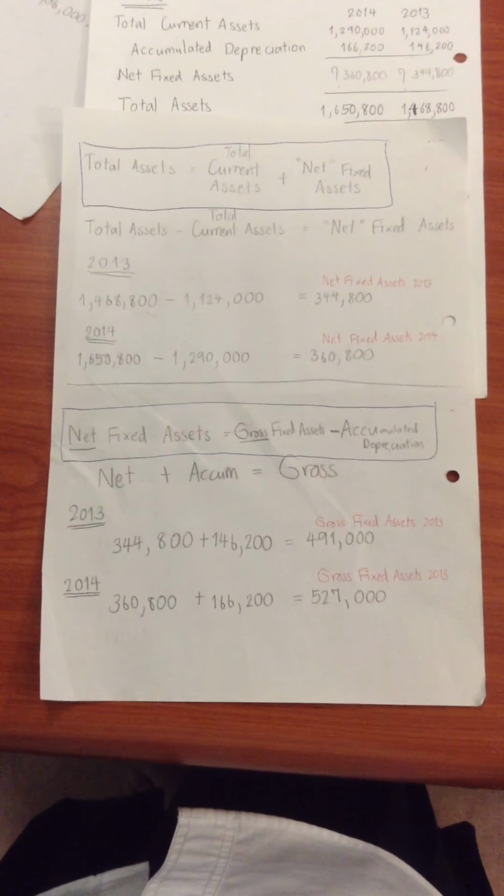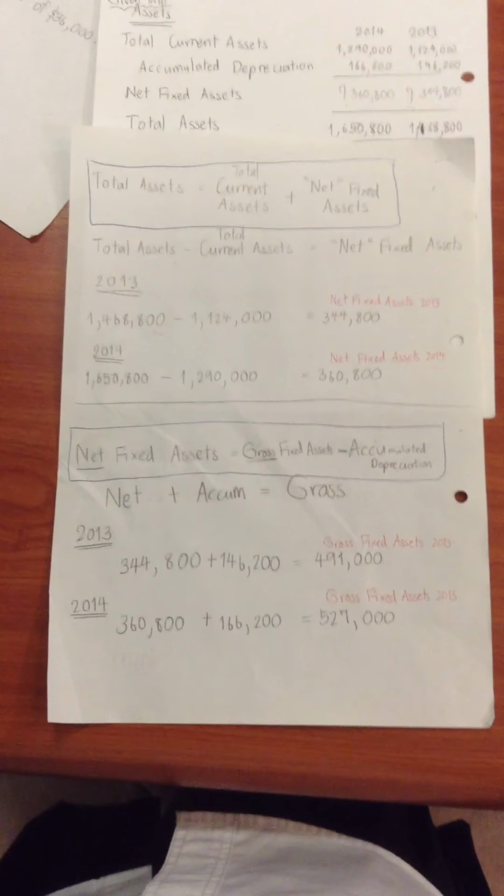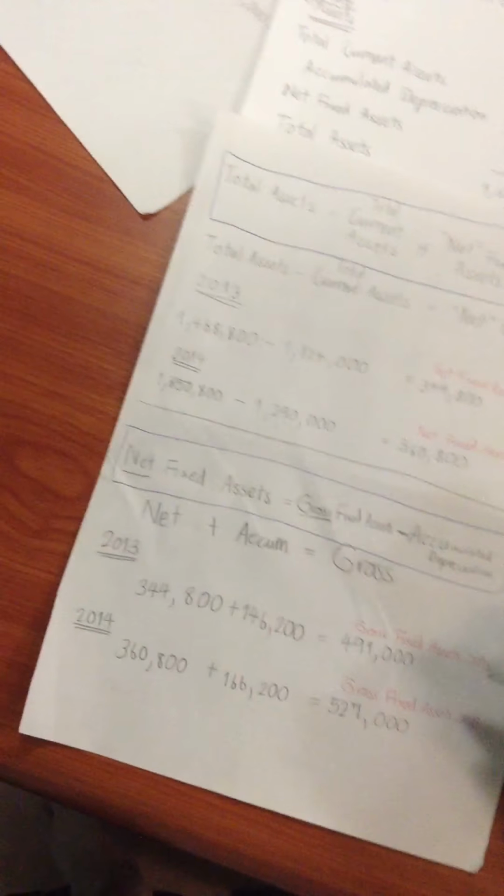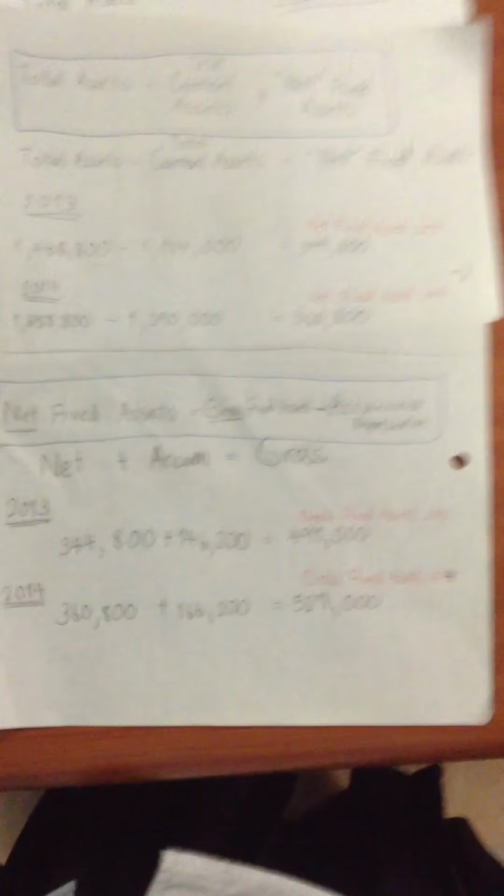And the gross fixed assets for 2013 and 14. Oh, sorry, I was wrong for this one. This is number 4. Okay.